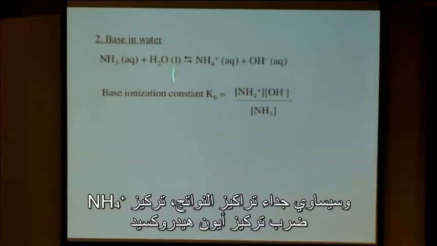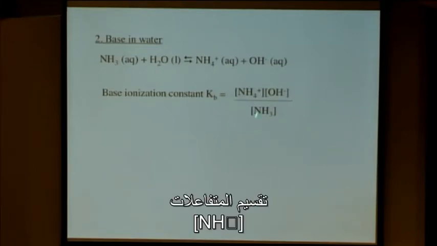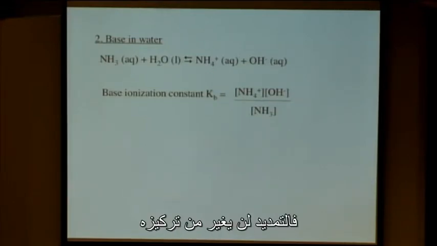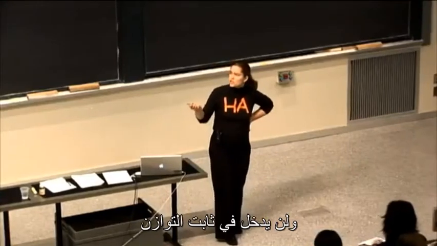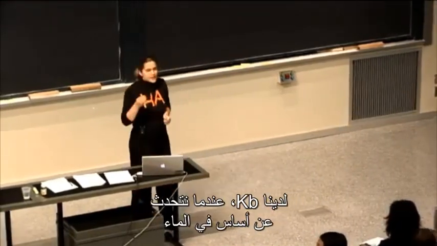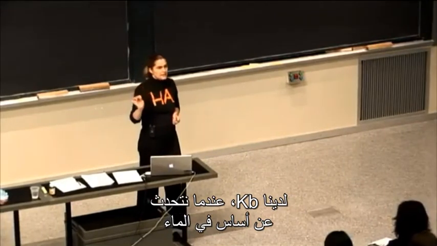It'll be equal to the products, NH4+ and hydroxide ion, over the reactant, NH3. The water is the solvent here, and since this is all pretty dilute, it's mostly pure, and its concentration isn't going to change, so it's not included in that equilibrium constant.